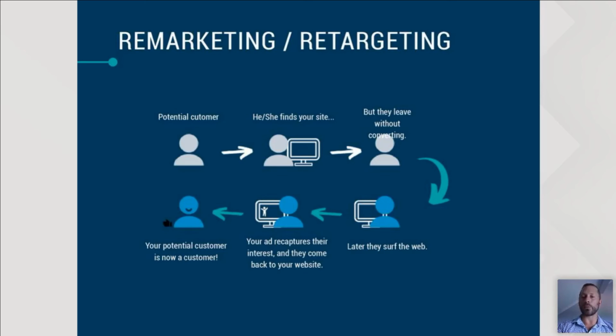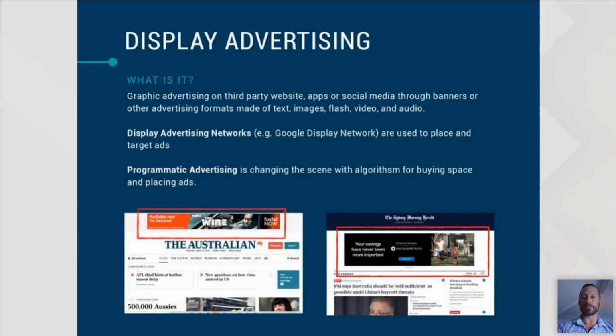So you can control this inside your AdWords account. And that works hand in hand with display advertising. And essentially what it is, it's a banner ad or a lead ad like that at the top. It's part of the Google Display Network. So Google Display Network is essentially a wholesaler of advertising inventory for a lot of these sites.